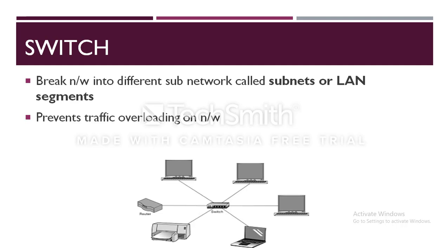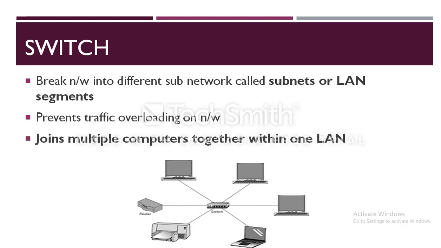Switches are another fundamental part of many networks because they speed things up. They allow different nodes of a network to communicate directly with one another in a smooth and efficient manner. In simple terms, a network switch is a small hardware device that joins multiple computers together within one local area network.